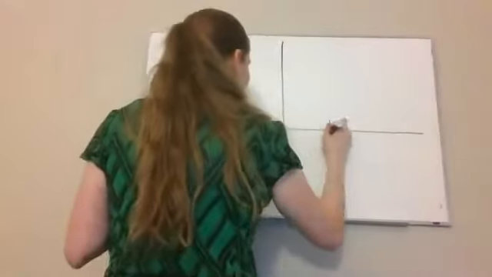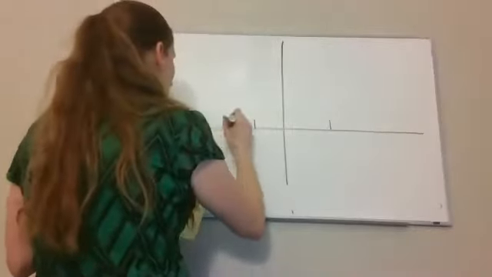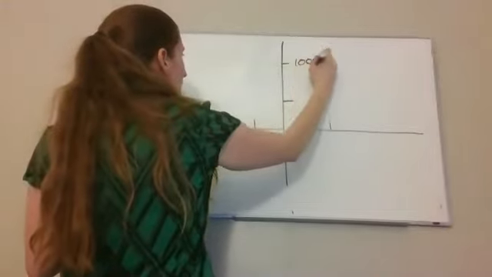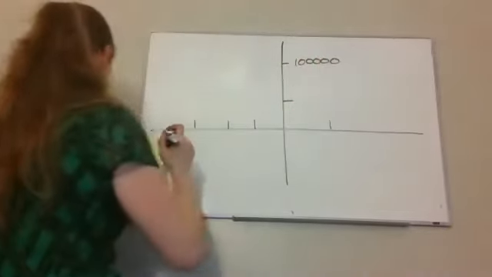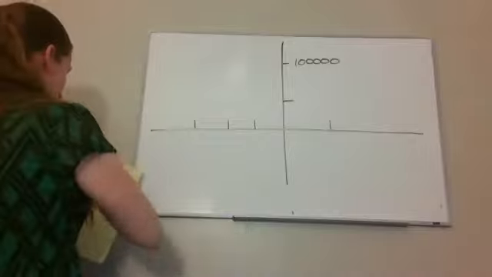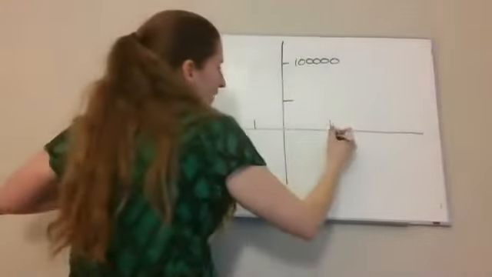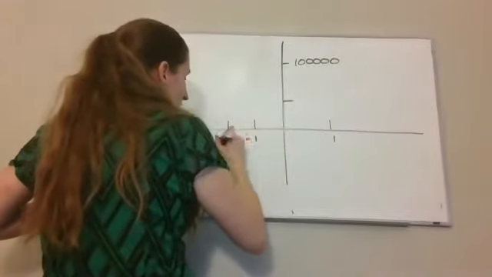This is a very, very rough sketch. Up here, this is 100,000, just to get you an idea. It's a really strange looking graph. It goes up really high, but here I'm counting by ones.